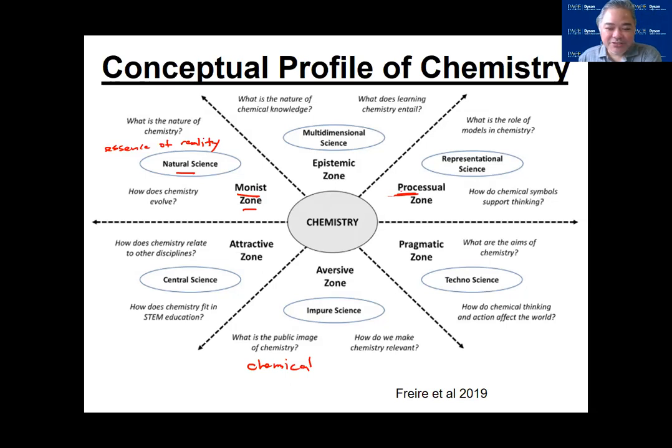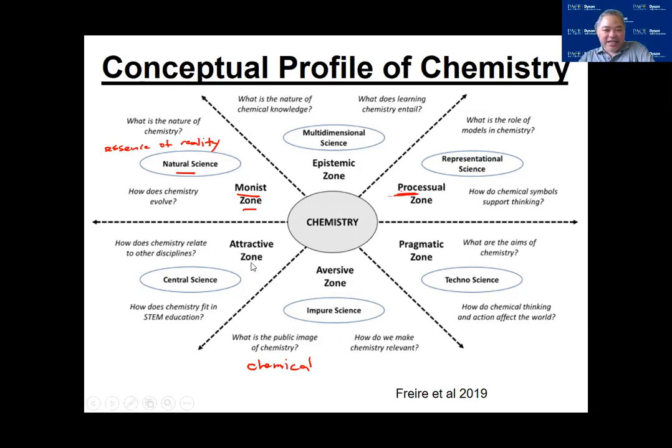All it knows is if it's vitamin C, it is good for the body. They say if it's artificial, it's always bad. If it's natural, it's always good. There are poisons that are natural. Cyanide coming from, let's say, cassava. They are produced naturally, but they're still lethal. So this is the aversive zone of the conceptual profile of chemistry, and unfortunately, we can see them.